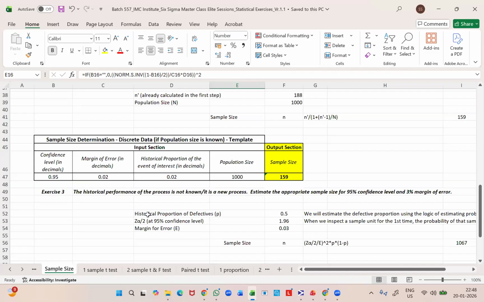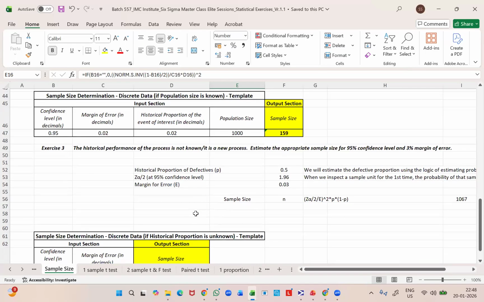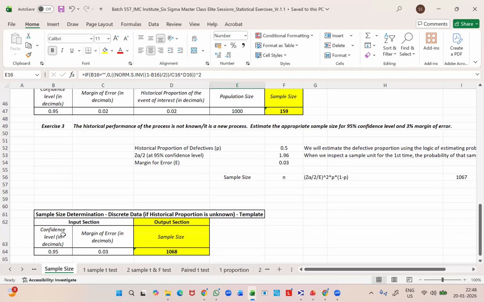In that case, you don't have to really worry about the logic that we are supposed to apply. If you're using the template, you just need to provide the confidence level and the margin of error values alone in decimals. You will get to see the sample size calculated for this scenario where the historical performance is not known to you, right?